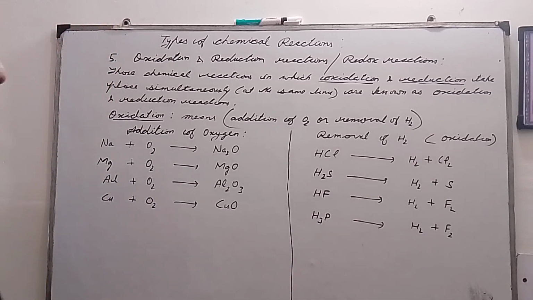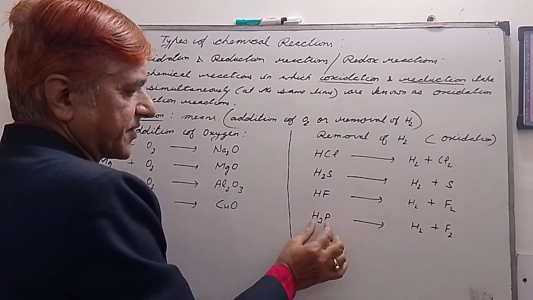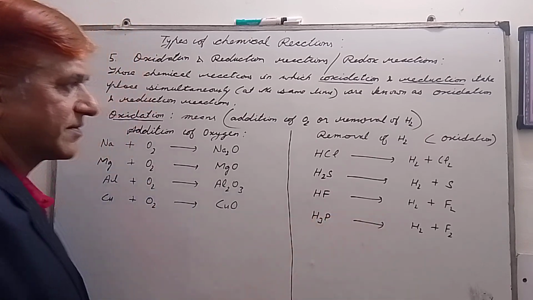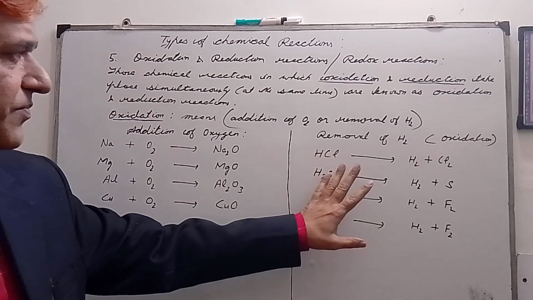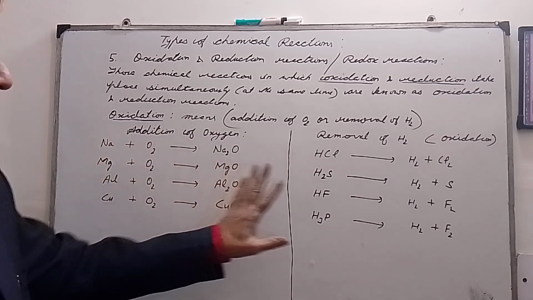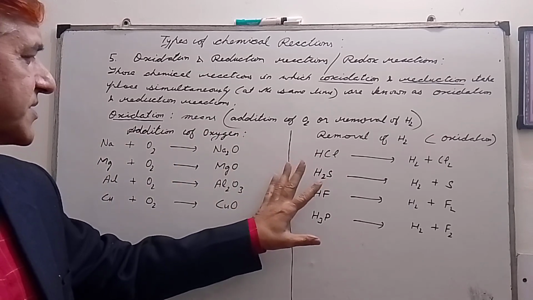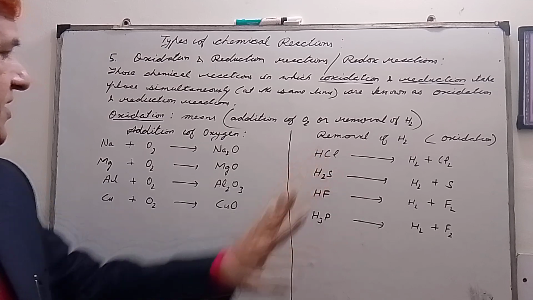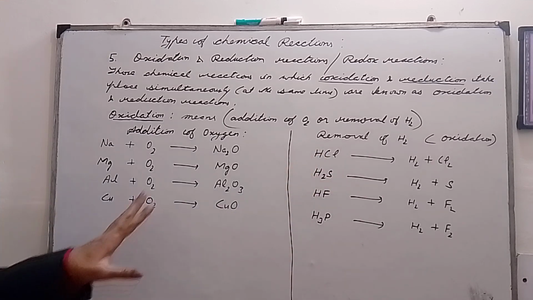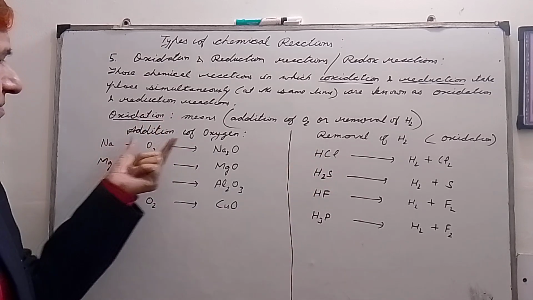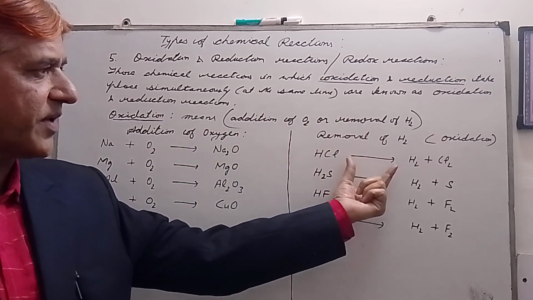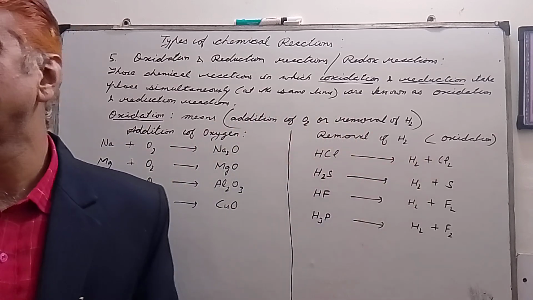So my dear students, I think that this is clear to you. This is all about oxidation reactions with examples. So addition of oxygen is oxidation, removal of hydrogen is again oxidation.